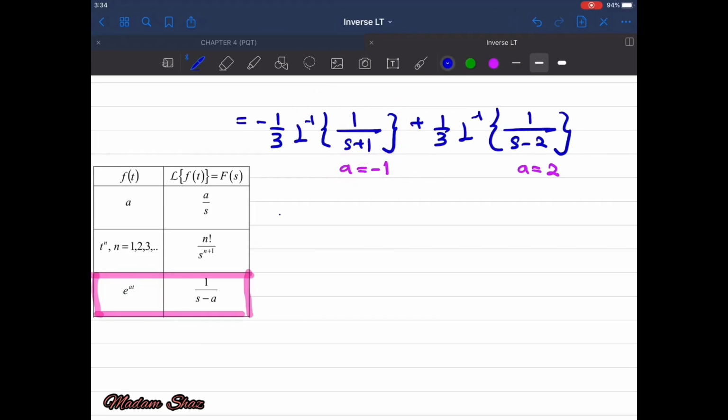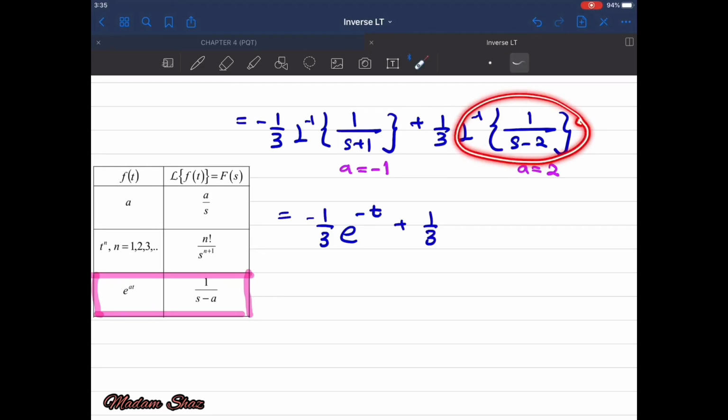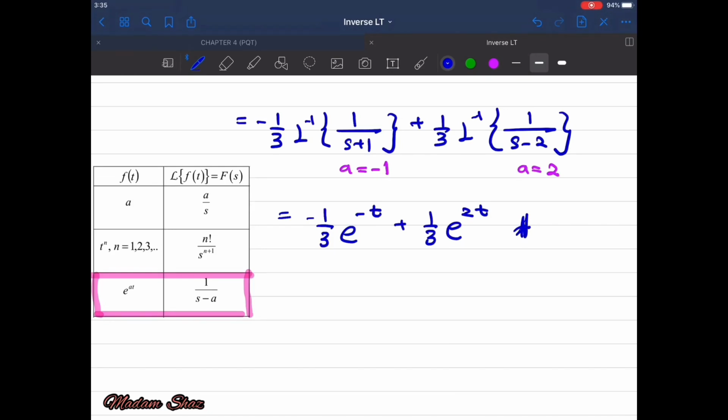Therefore, negative 1 over 3 exponent negative t plus 1 over 3 Laplace inverse 1 over s minus 2, where a is equal to 2, gives exponent 2t. This is the final answer for the inverse Laplace transform by using rational function.